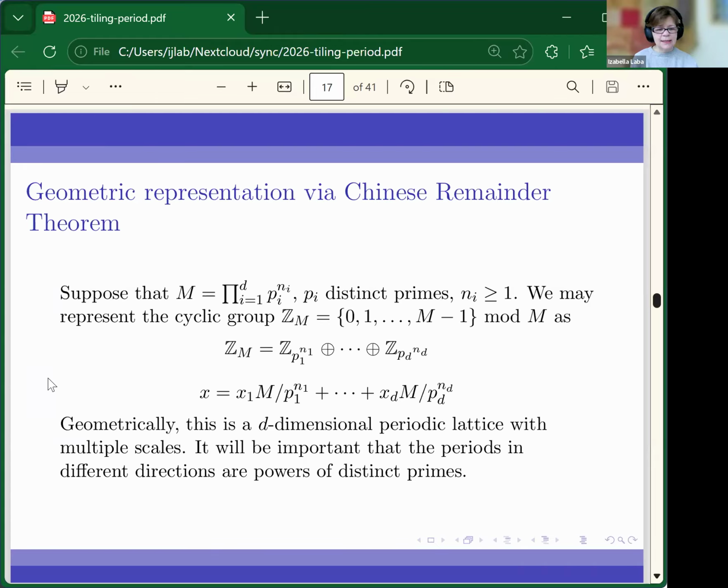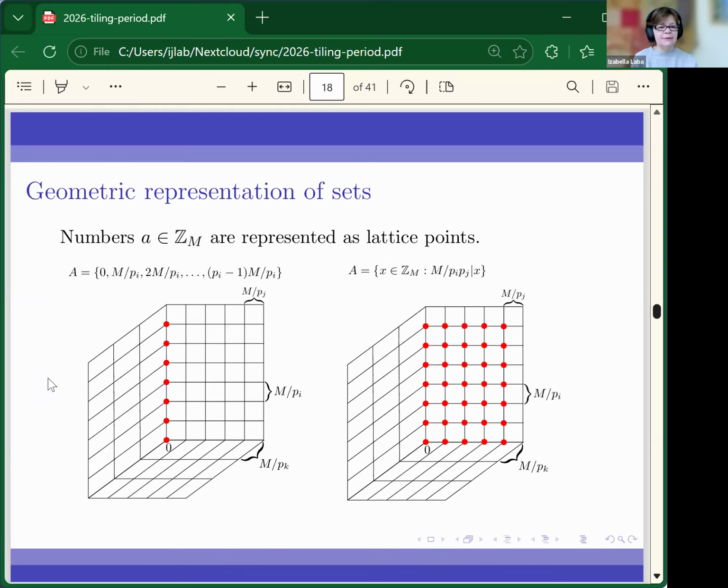It is important that the periods in different directions are powers of distinct primes. So the picture that we want to keep in mind is sort of a multidimensional lattice, three-dimensional in this case here in the picture. And the sets I indicated in yellow are two arithmetic progressions of different steps.